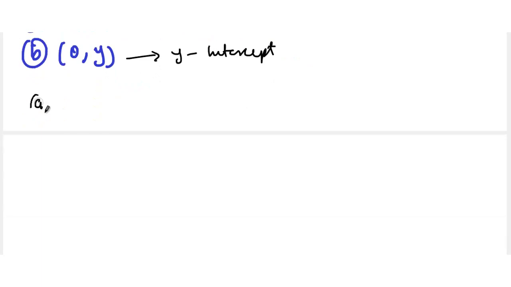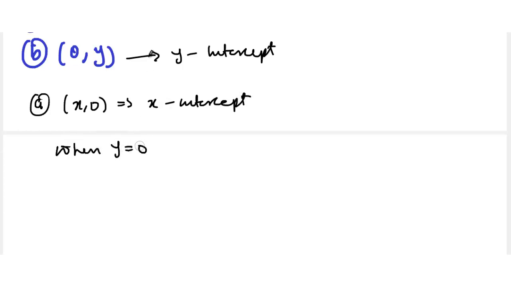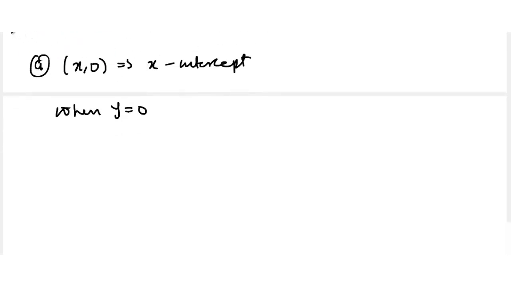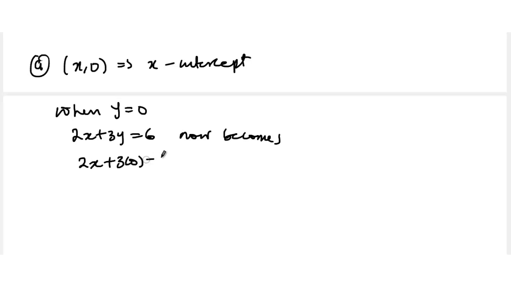For A, we are required to find (x, 0), which represents the x-intercept. So we say when y is equal to 0, the equation 2x plus 3y is equal to 6 becomes 2x plus 3 times 0 is equal to 6.